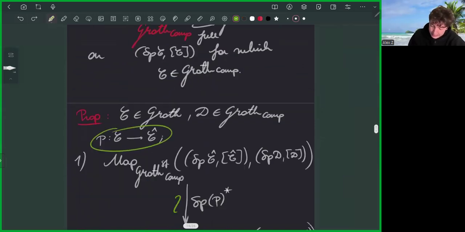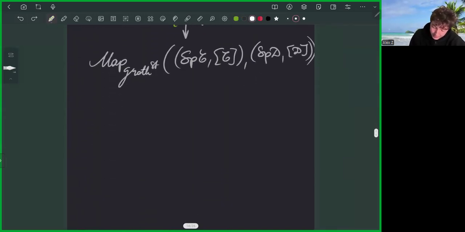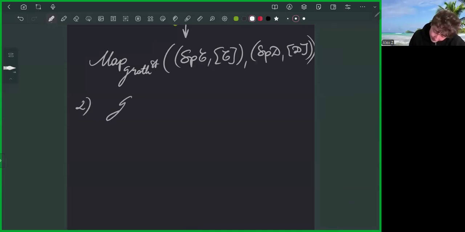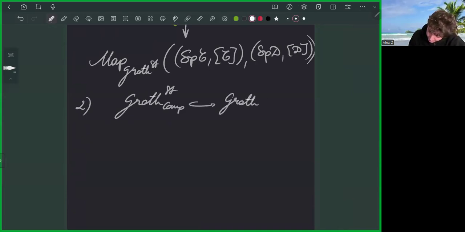The second statement of the proposition is the following. We have this inclusion functor, and as we just said, there should be a left adjoint. Let's call this left adjoint LST.